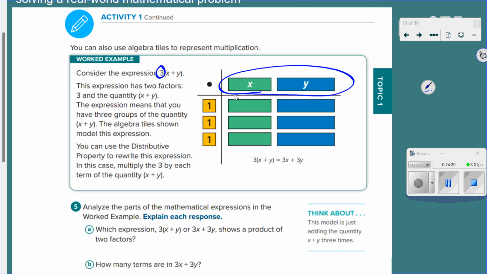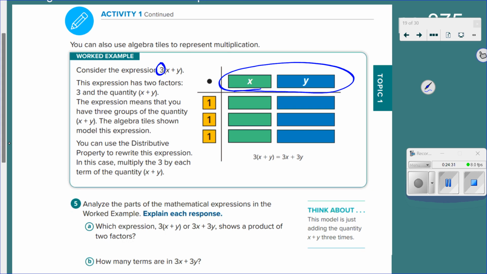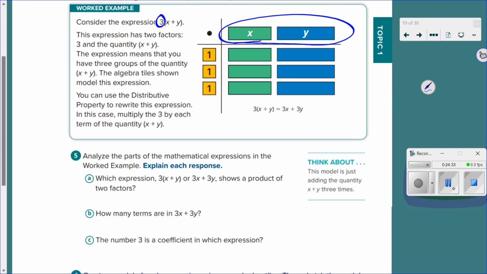I'll give you guys 30 seconds. Okay, so now you have 3 sets of the x and y left. Everybody good on that? Technically, if I break it out, how do I represent that 3? I would use 3 yellow ones, yes? So I add 3 yellow tiles to your stack. So you now have 3 yellow tiles beside 3 green tiles beside 3 red tiles.